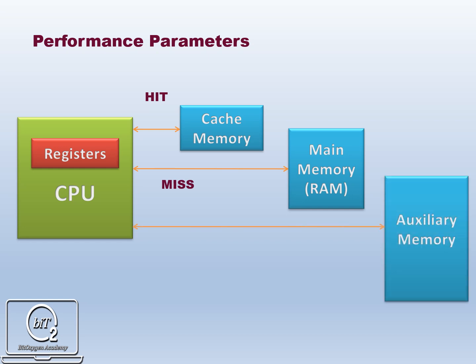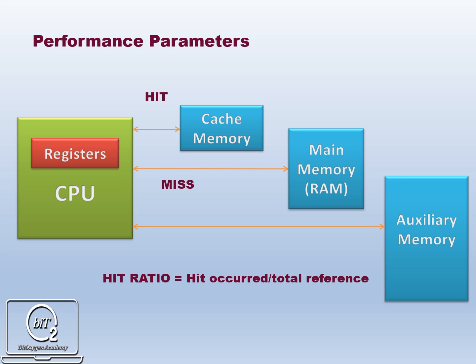So, we have seen what are hit and miss. Now, the rest of the performance parameters are: first, hit ratio, meaning the number of cache hits occurred divided by the total number of CPU references. For example, the CPU refers to cache memory 100 times, meaning the CPU generates 100 requests for data, and it gets the result, meaning a hit occurred only 70 times.